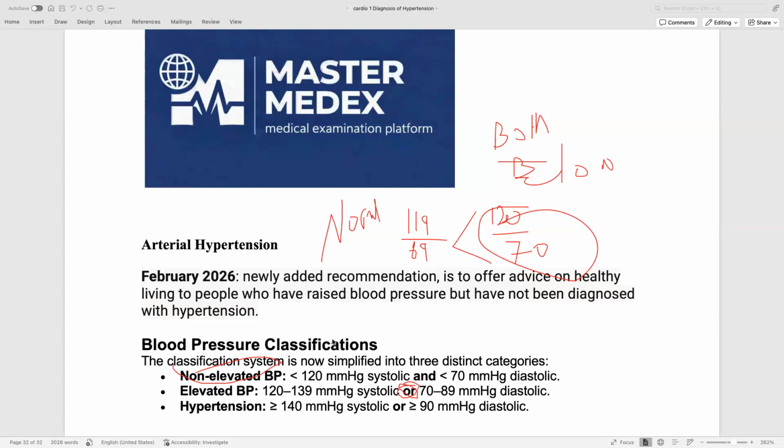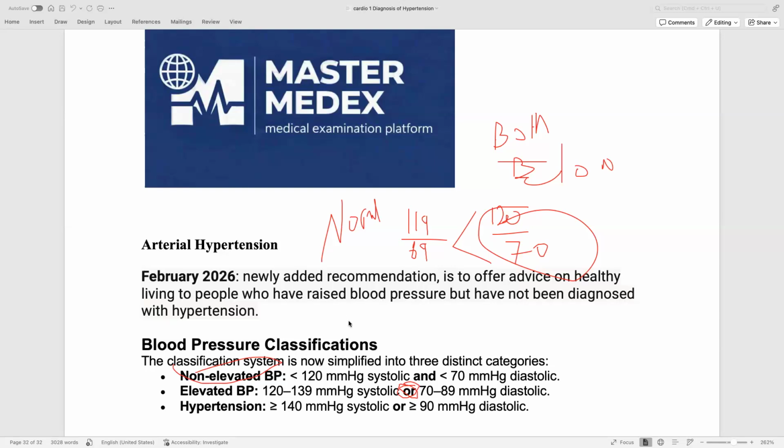Those people, anyone who has high blood pressure between 120 and below 140, or 70 and below 90, even if the systolic is normal, or the systolic is in this figure, even if the diastolic is normal, these people will be classified as elevated hypertension.